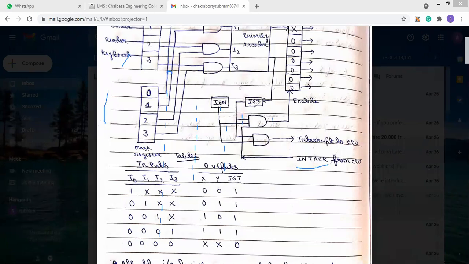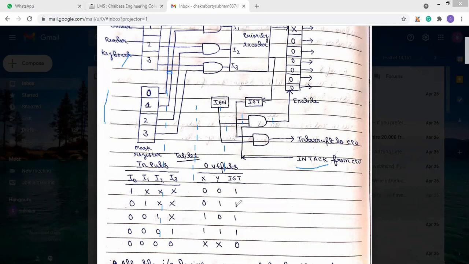Okay, if these two flags IEN and IST output is 1, then the acknowledgement signal from CPU will go to the AND gate. That means our interrupt will be enabled, and through the particular address the interrupt will be handled. So that's why you see that if X and Y value is 0 and IST value is 1, it means interrupt is generated.